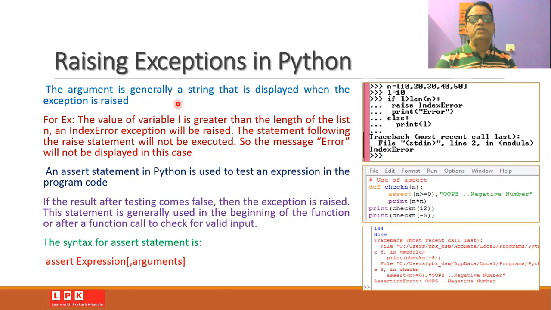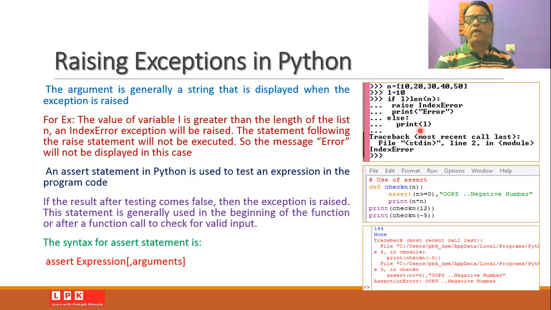The argument is generally a string that is displayed when the exception is raised. For example, we are using the variable L here. Suppose we have a list which consists of some elements, and suppose we have the variable L equal to 10. Now, if I write the code: if L is greater than length of n colon, raise index error, print error, else print L.